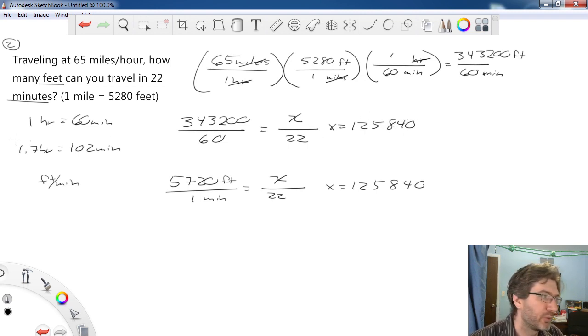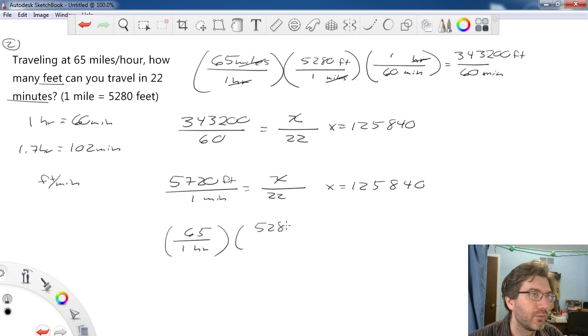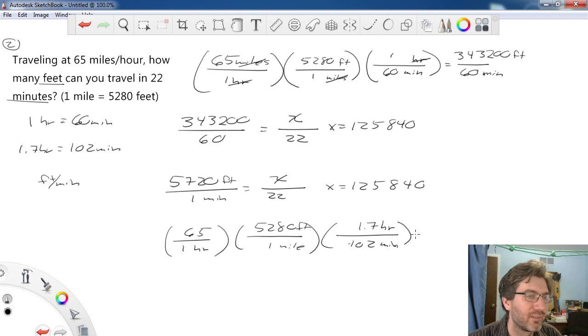And then if you're Eli and you use this one here, you get 65 over 1 hour, 5280 feet over 1 mile, and use that conversion ratio. You get 1.7 hours over 102 minutes. This is going to equal 65 times 5280 times 1.7.